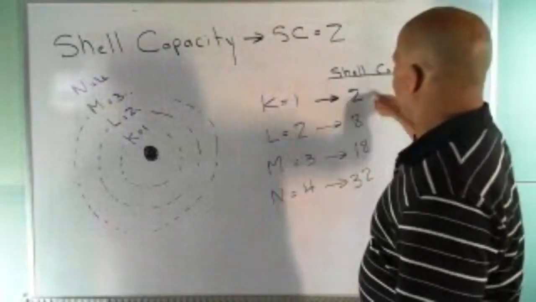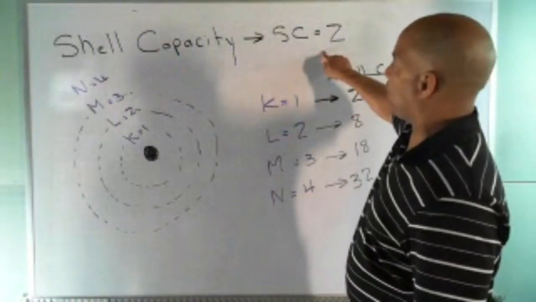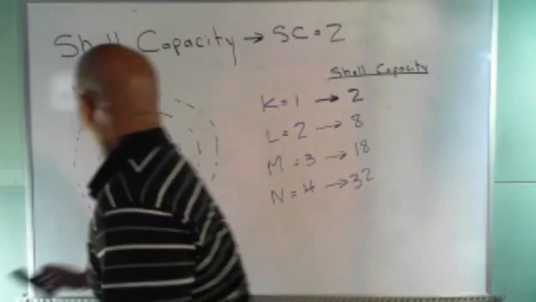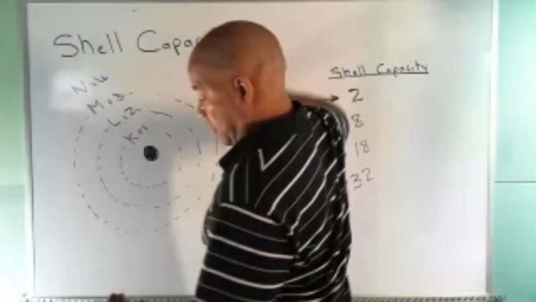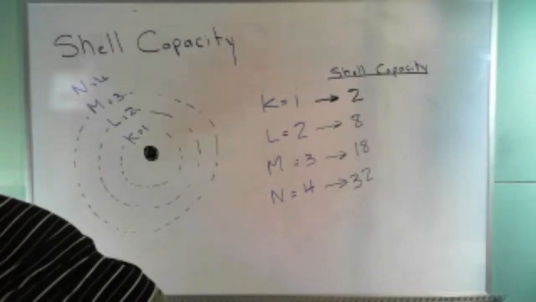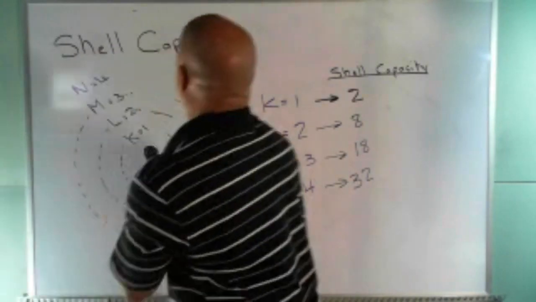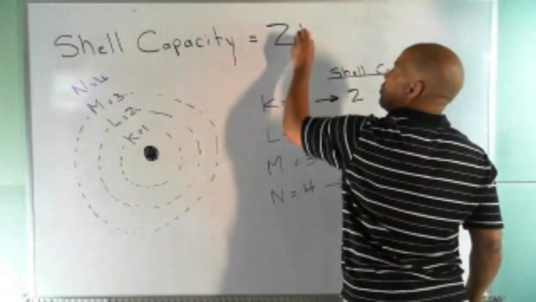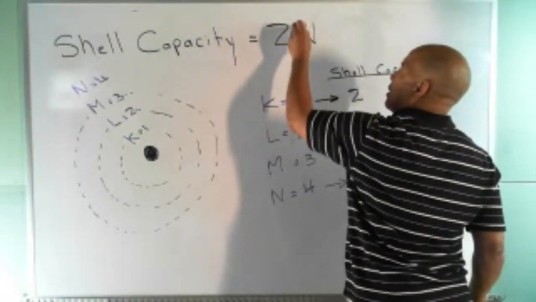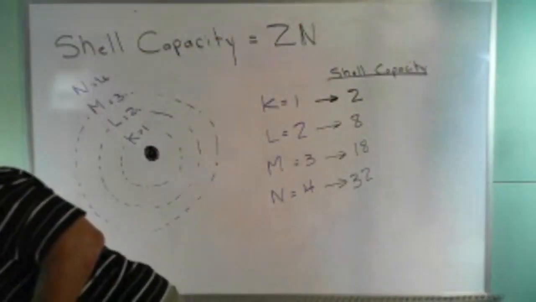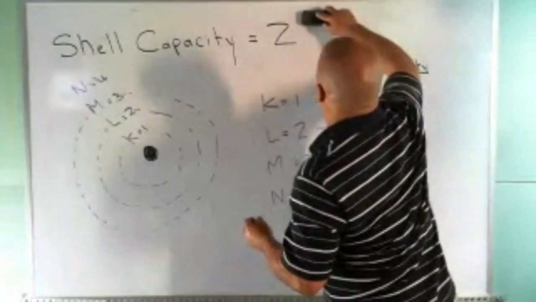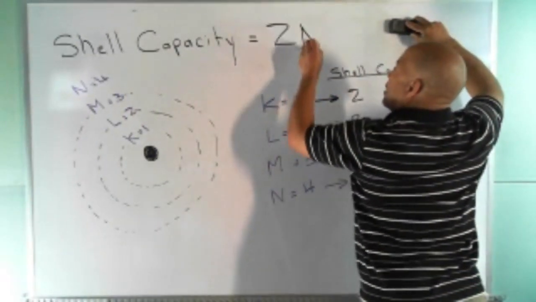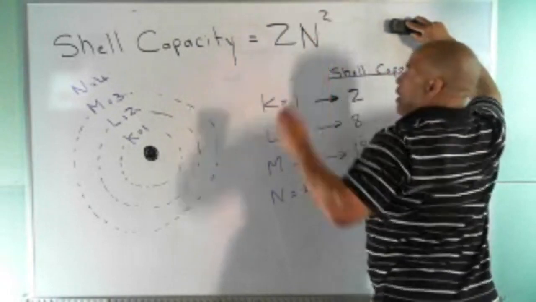Now the way we got these, we use this equation for shell capacity. Let me erase this. So shell capacity is equal to 2n squared, where n is this number right here.